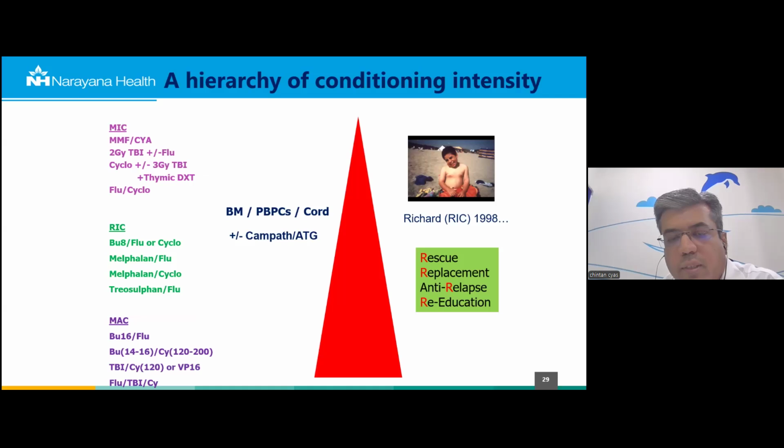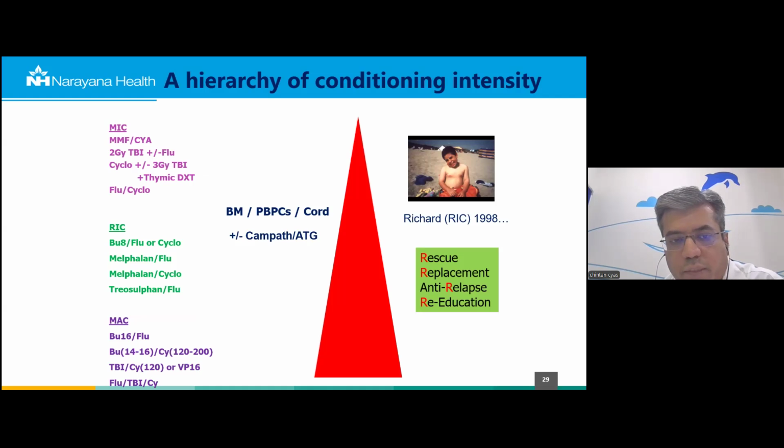So, what are the chemotherapy drugs we commonly use? We can divide these drugs into high intensity, which we call myeloablative chemotherapy, average intensity, which we call reduced intensity chemotherapy, and low intensity, which we call minimal intensity or non-myeloablative chemotherapy. Which drugs come under the high intensity, meaning myeloablative chemotherapy?